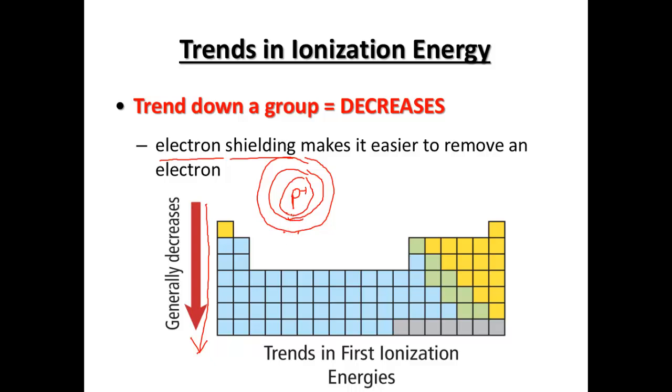These energy levels with their negative charges shield the attraction of the nucleus to those outer electrons. So as you go down from period 1 to 2 to 3, 4, 5, 6, 7, the more energy levels you have, the more shielding, and the easier it is for them to be pulled away.